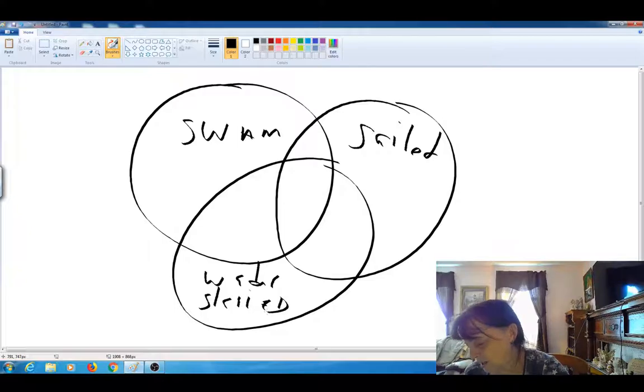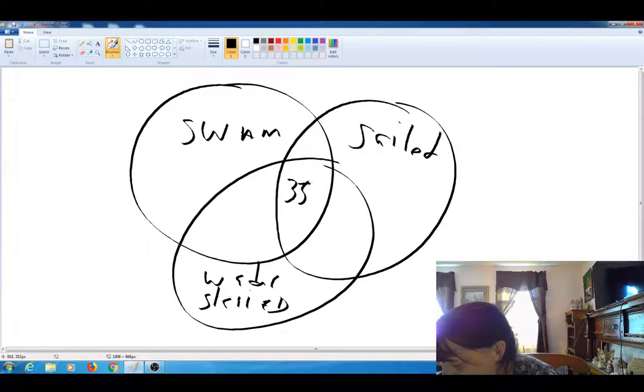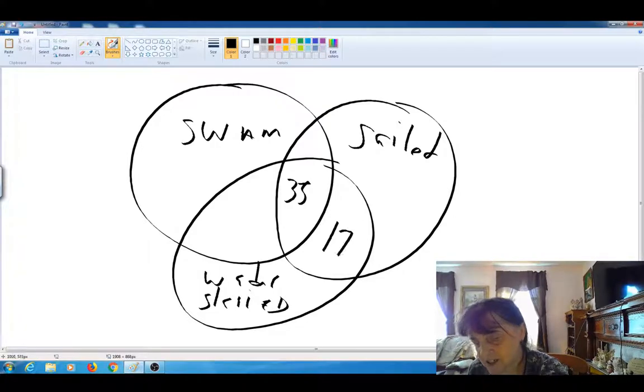Okay, 35 swam, sailed, and water skied. So 35 goes here. 52 water skied and sailed. So 52 minus 35 is 17. Water skied and sailed, 17 is here. Swam and water skied, 54 minus 35 is 19.